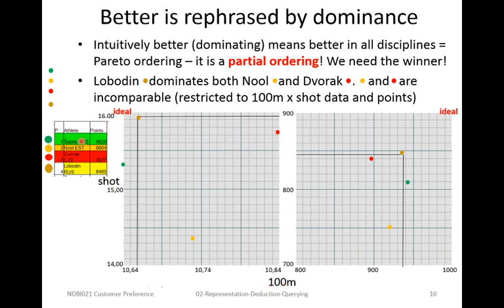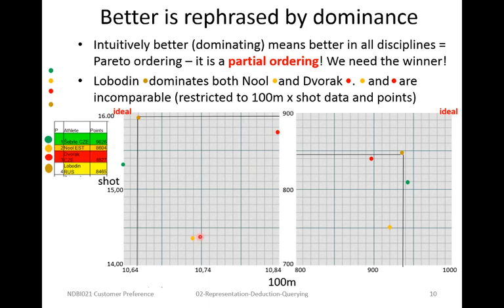What we see is that Scheberle's result is somewhere here, and this athlete in this color is quite good, and he is better in all disciplines as compared with this Dvořák, this red one, and this yellow one here, Lobodin.